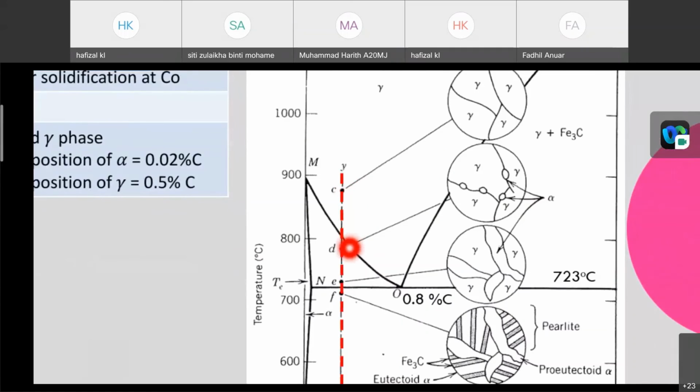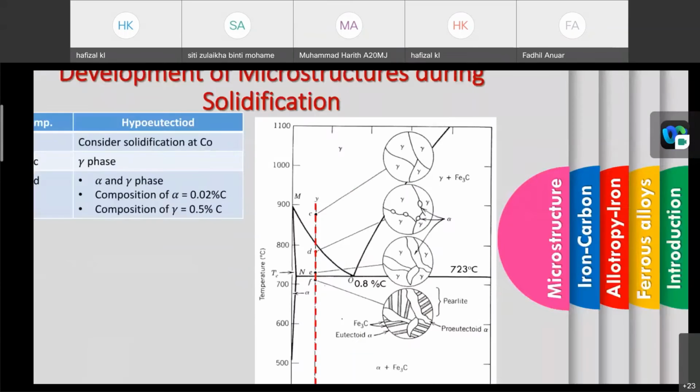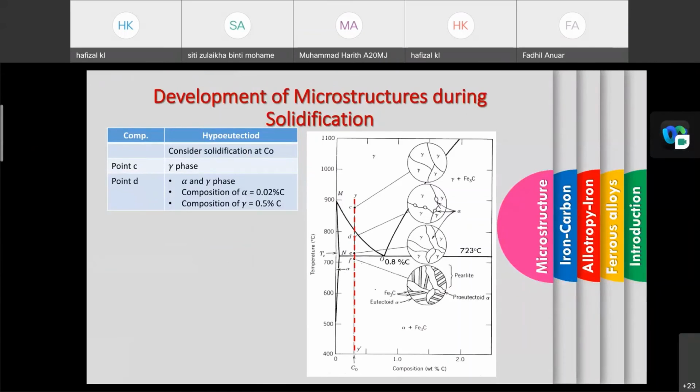And also we can look at point E and point F. So what will happen? In this case, we can see at point C, this region is the gamma region. As you can see, this microstructure diagram is something like this.